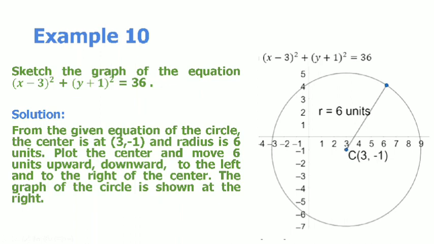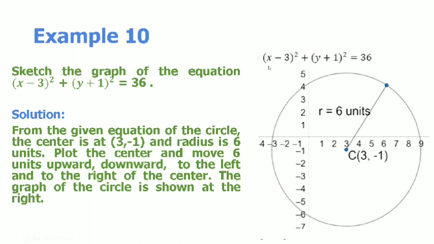And then upward 1, 2, 3, 4, 5, 6, so at 5 on the y-axis. And then 1, 2, 3, 4, 5, 6, at negative 7 on the y-axis. Okay, and then connect all the points to make it a circle.